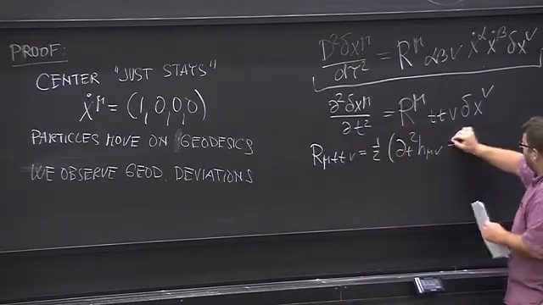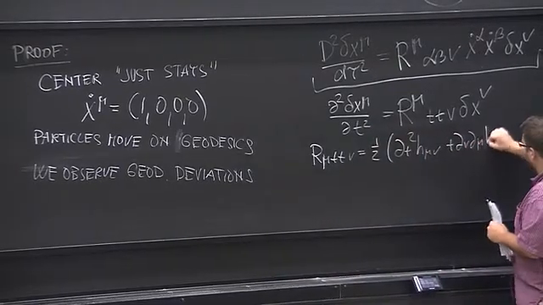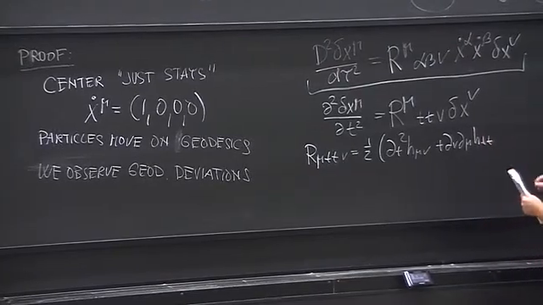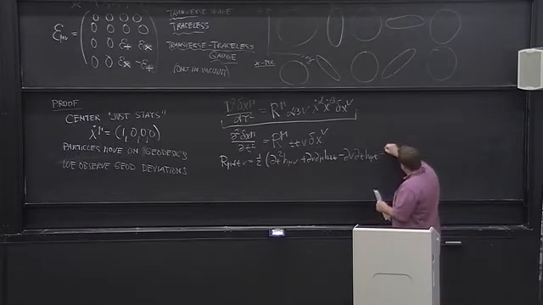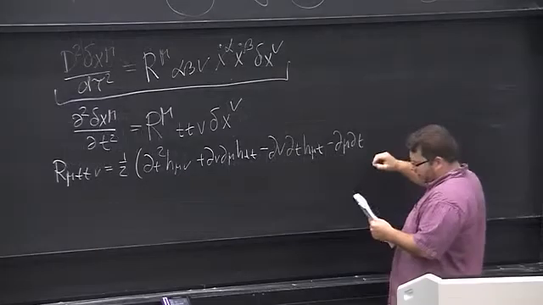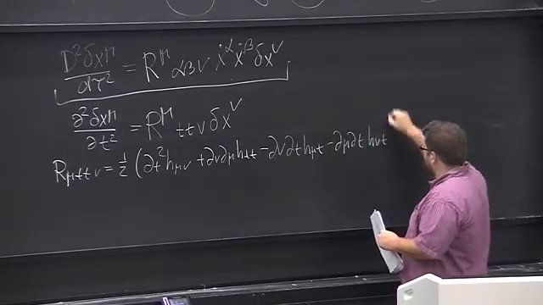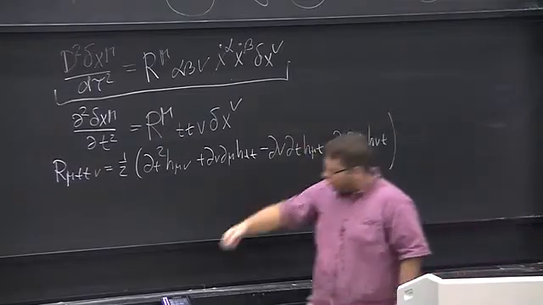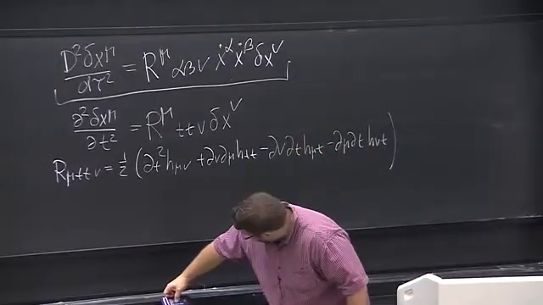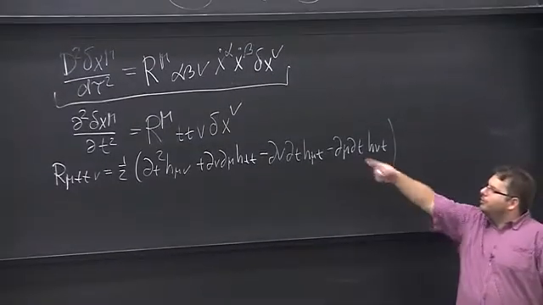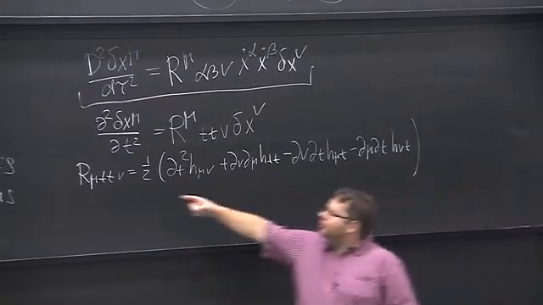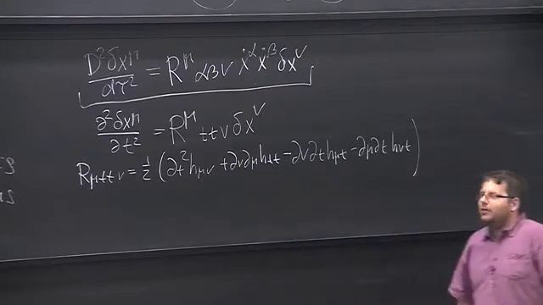And then plus d nu d mu h tt, and then minus d nu dt h mu t, and then minus d mu dt h nu t. Okay, so that's that formula in action, but now for our geodesic deviation, for these components of the Riemann tensor.